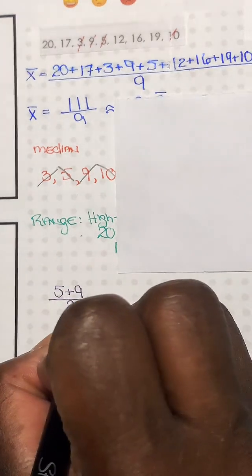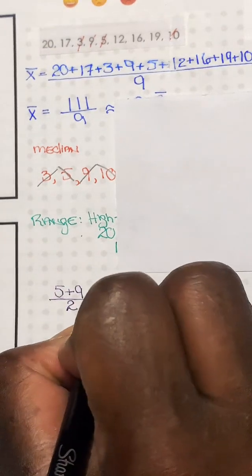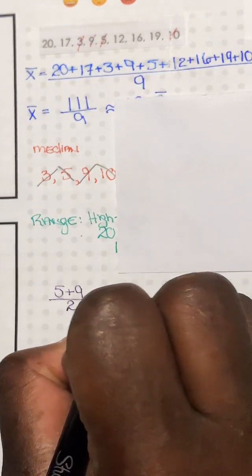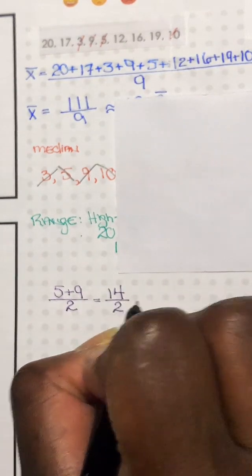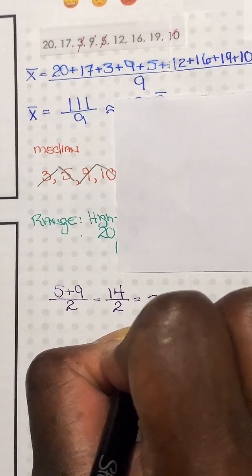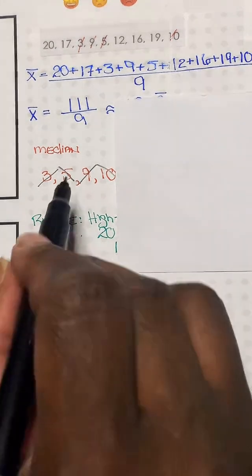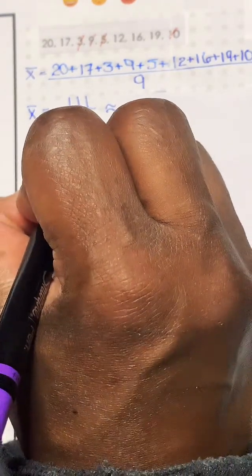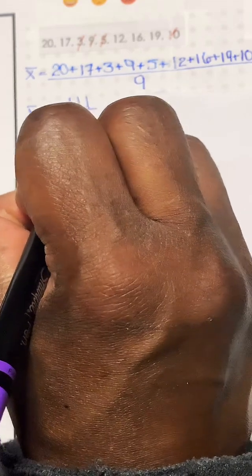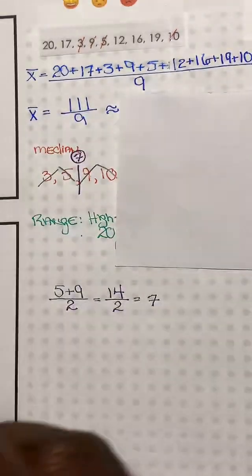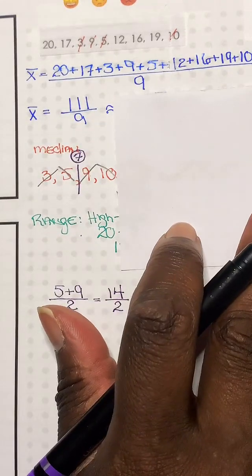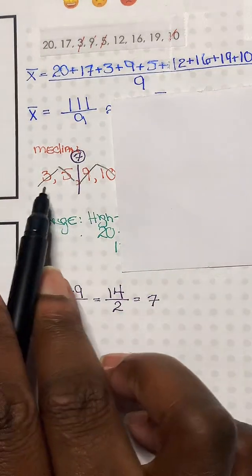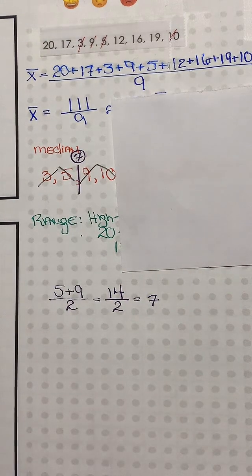So 5 plus 9 gives me 14. 14 divided by 2 gives me 7. So I'm going to put a little line right through here, and I'm going to put my 7 right here, and circle it. So that's going to be the median of my lower numbers.